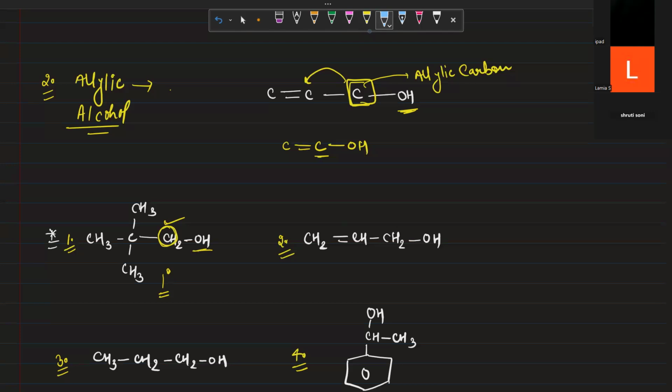If yes, then we check if OH is directly attached to the double bond, in that case it will be vinylic. And if OH is attached to a carbon which is attached to an alkene, in that case it is allylic alcohol.